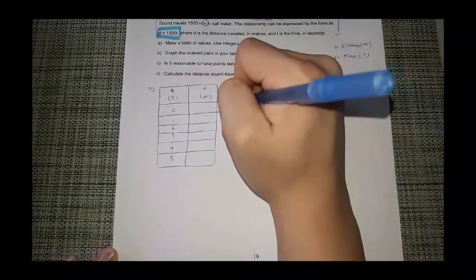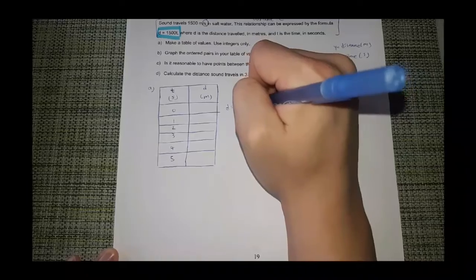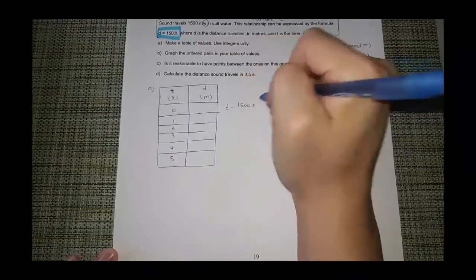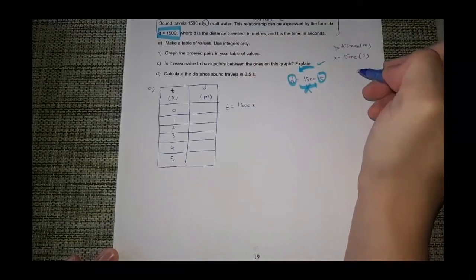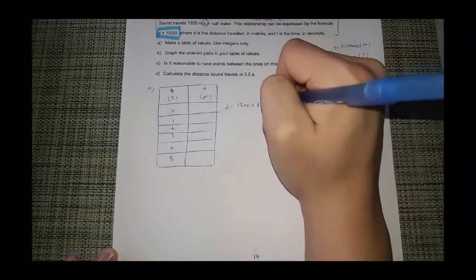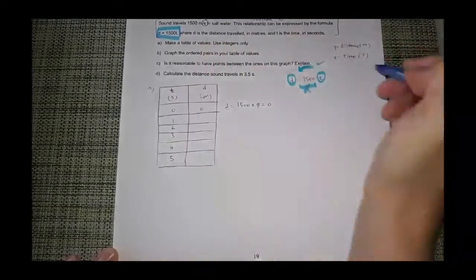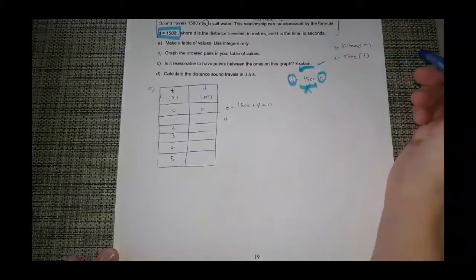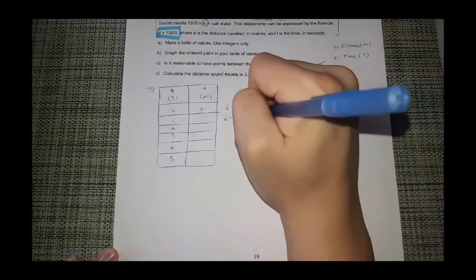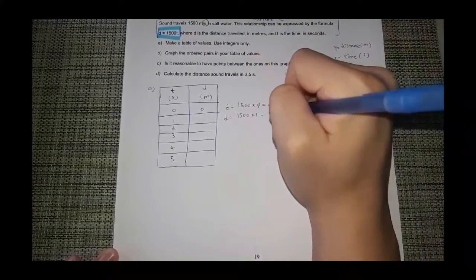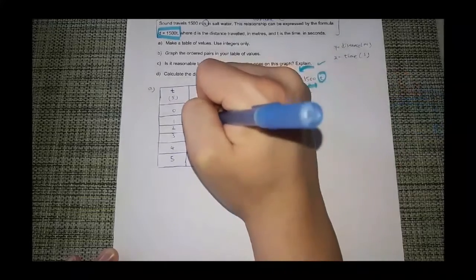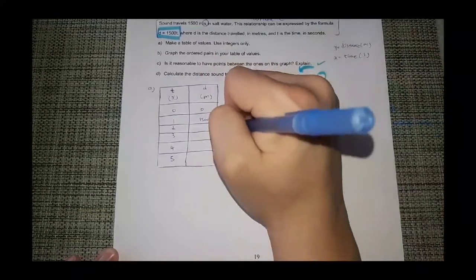When time is 0, d = 1,500t is a fancy way of saying 1,500 times the value of t, which is 0. So that means we have 0 meters. When it comes to 1, it's 1,500 times 1, which is 1,500.